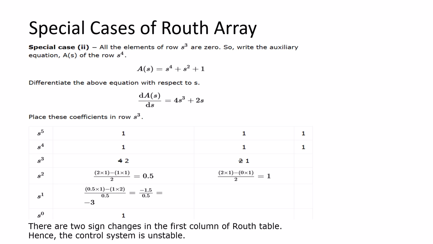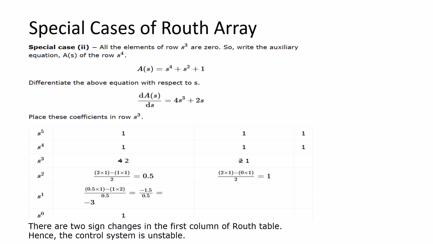Likewise we complete the Routh array. Here we get a sign change. As there is a sign change, that implies there will be roots in the right half of the s plane and the system will be unstable.